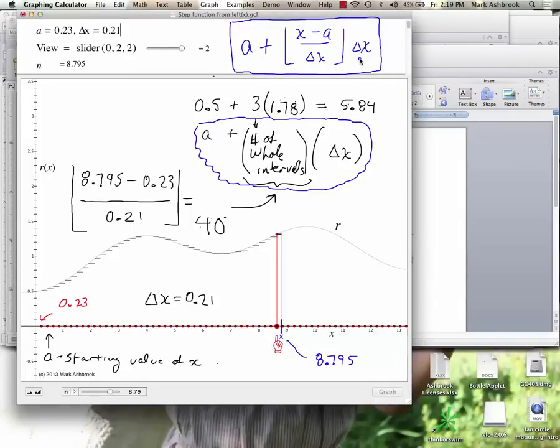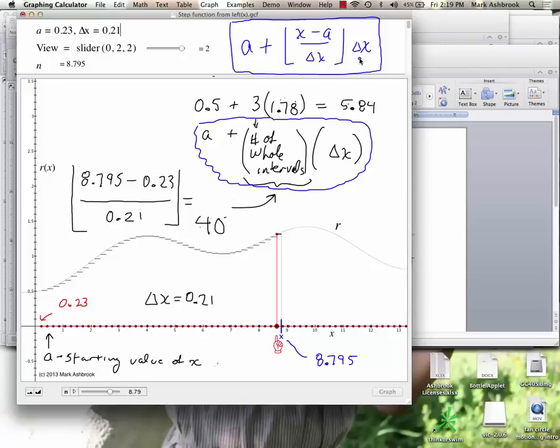So given a starting value a, a current value x and a delta x, this will calculate the x value at the left side of the current interval by doing a plus the total number of intervals times delta x.